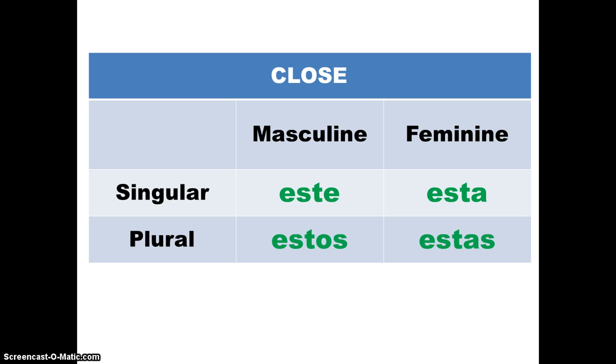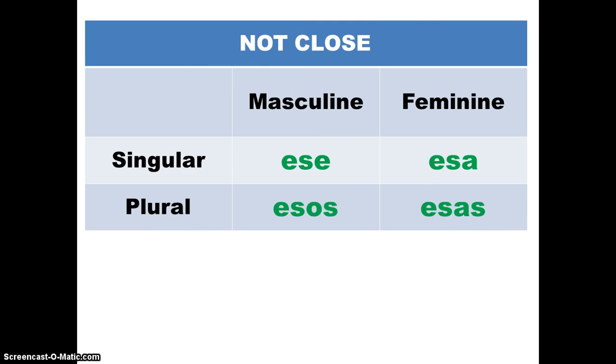So este, esta, estos, and estas. And we're talking about things that are in close proximity to you. If something's a little bit further away, then it would be ese, esa, esos, or esas. Again, ese and esa, that. To make it plural, esos or esas, those.